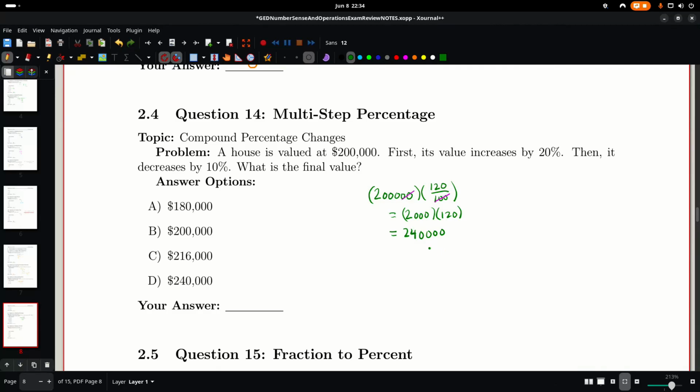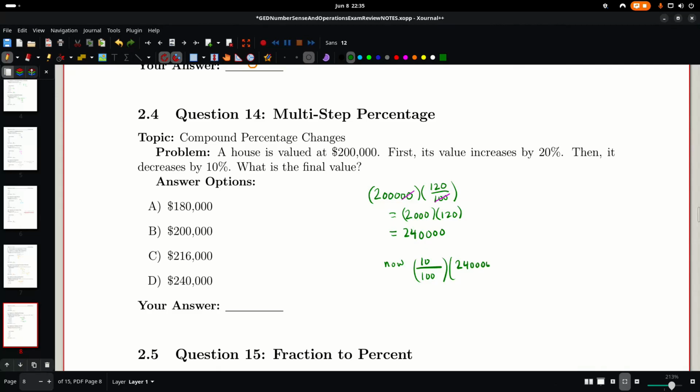But then it's going to decrease by 10%. Well, 10% of 240,000 means, so 10 over 100, we do it the same way. So 10 over 100 times 240,000.